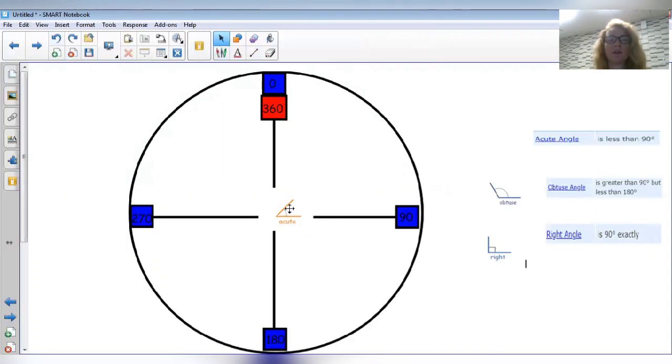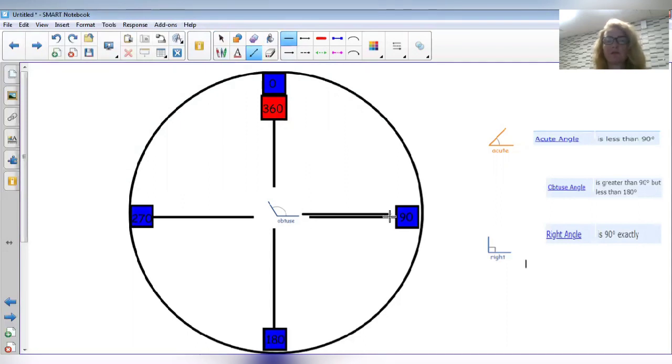So let's check our obtuse angle. If we move it over here and line up the vertex in the corner again, and let's see what happens. So if we extend it straight across, we're good, we're on the 90, and if we extend this one straight across, we can see that it's larger than a 90-degree angle.